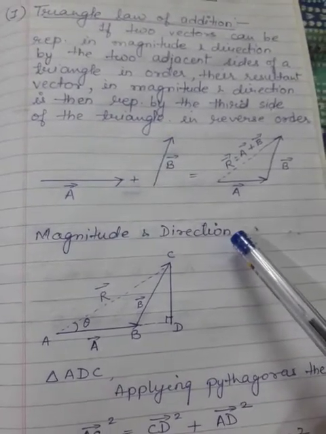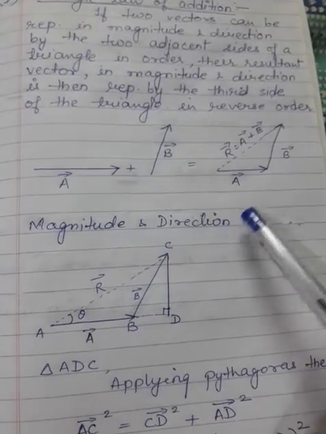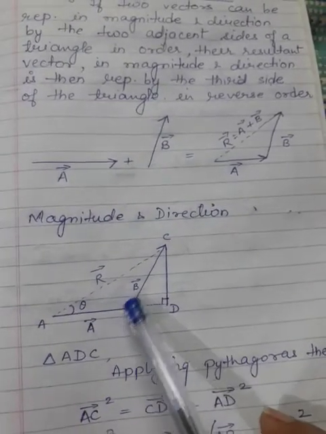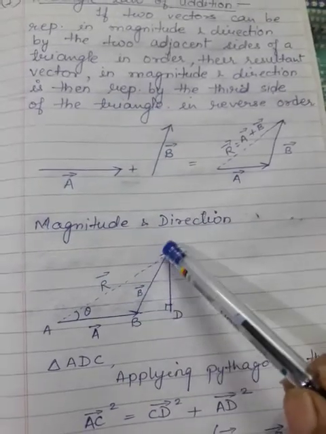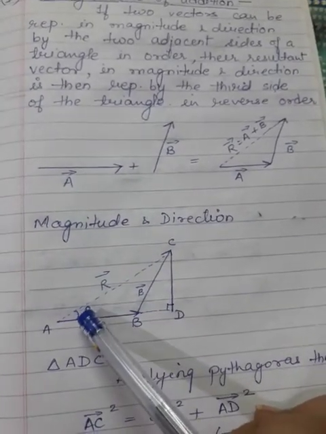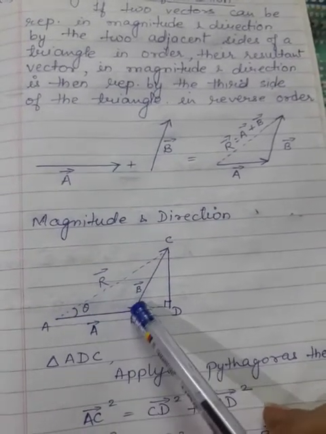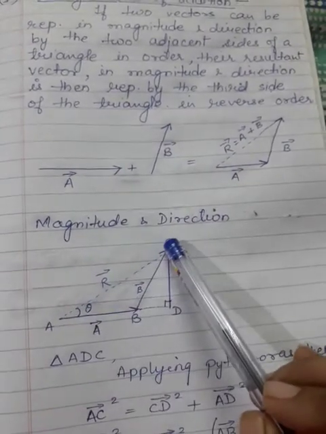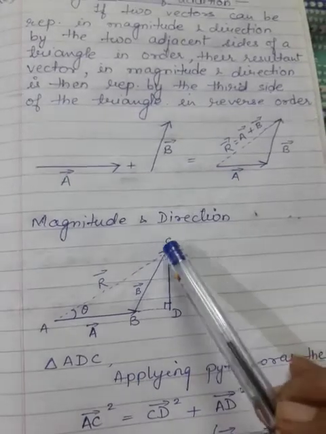For that we have to prove it, and to get the formula we assume that vector A and vector B are subtended with an angle theta. So according to this law, the third side will give the resultant of the vectors.